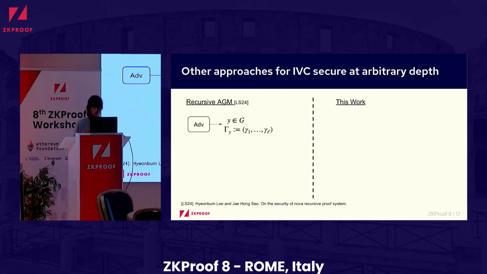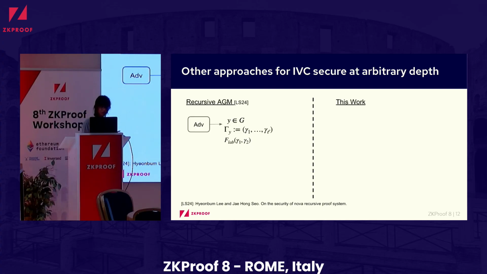It's a stronger version, where this is the usual AGM definition I have here. And in addition to this, it says that if any subset of this group representation, so for example gamma 1 and gamma 2, satisfies some predicate, this F lab, then that should also be explainable.